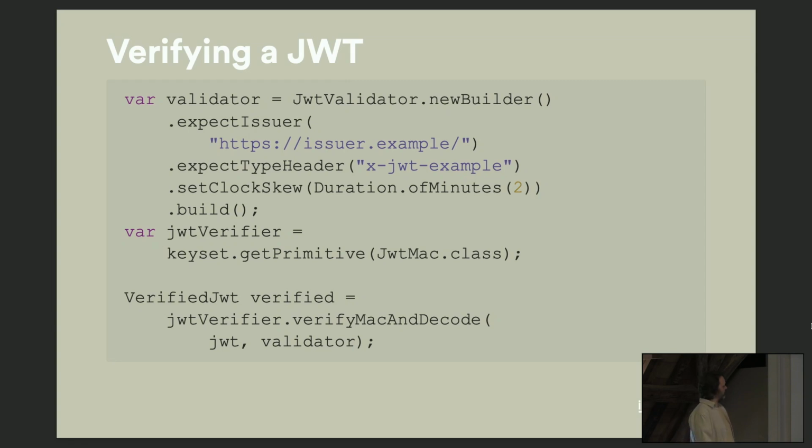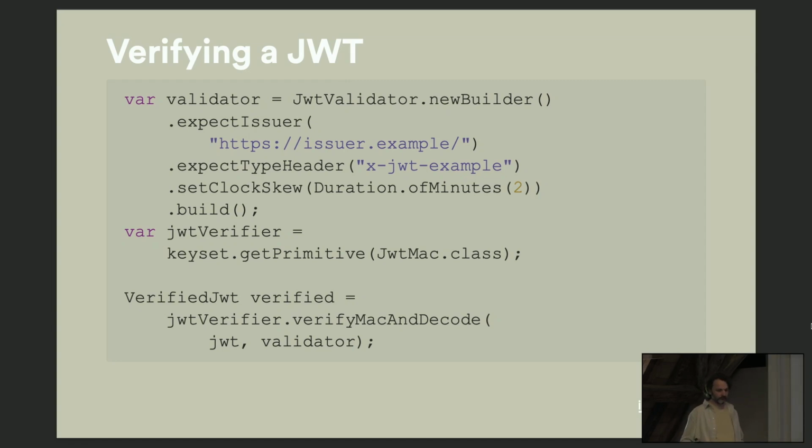So again, we're using a message authentication code based JWT algorithm, and so we get this JWT verifier from a key set, and then we verify and decode. And that's all as one step. So what it's going to do, it's going to verify the HMAC tag on that JWT. It's then going to validate all of the claims and things in that JWT.